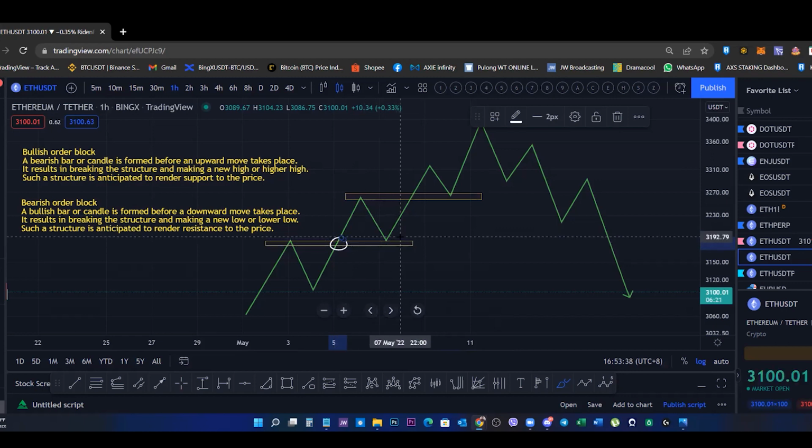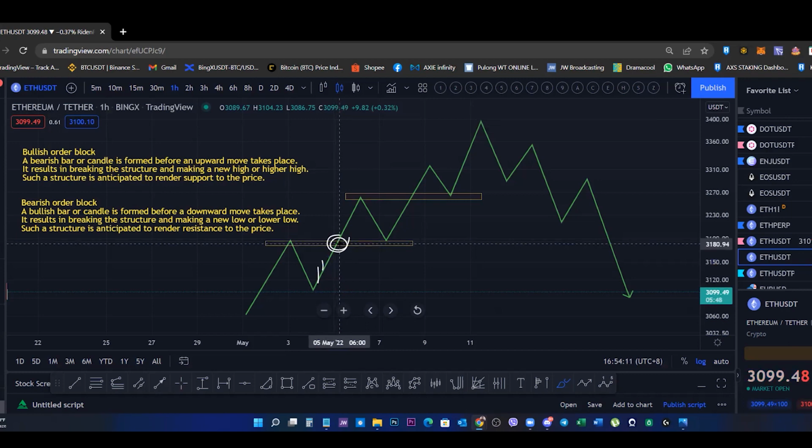Just check if there is a bearish candle here. If this is an uptrend, we need to see the last bearish bar candle. Normally, it is mostly green candles, green, green, and you will see one red doji or any bearish candle shown in this trend. That will be your order block.